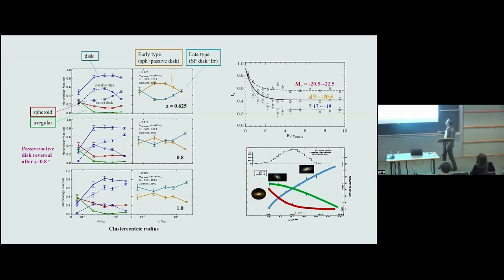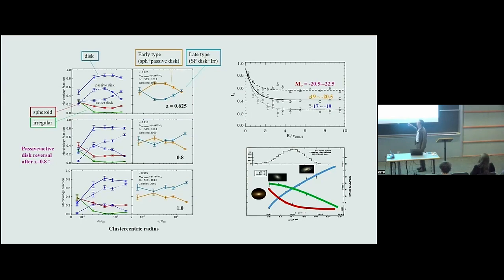Okay, so this compares with observation. You see, this is Dressler's plot for clusters. As you approach the center, the fraction of ellipticals is almost constant, but only at the center does it suddenly rise. And that's exactly what you see here.